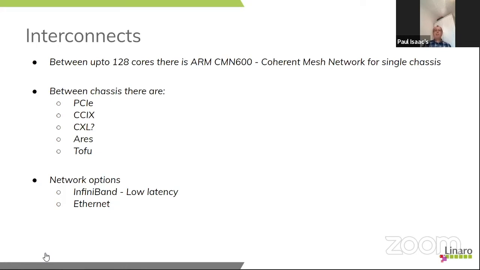And then more proprietary connectivity, such as Aries and Tofu. So Aries from the likes of Cray, Tofu from Fujitsu. And then when we're looking at interlinking lots of chassis, we have the network options of InfiniBand, which is a low latency interconnect, and Ethernet.